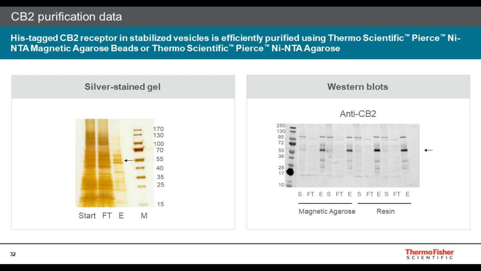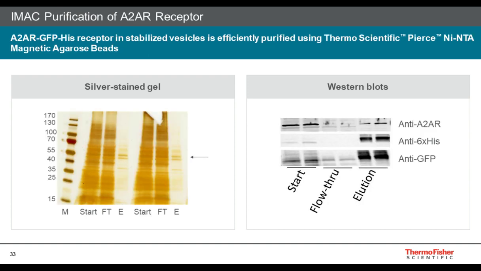The silver stain gel on the left is a bit busier to look at and harder to see the target protein, but it does show that while the Cb2 is present in the elution, another purification step will be required to remove residual contaminants. Either a dual affinity tag will be used in the future or an ion exchange polishing step. Similar results were seen with the adenosine receptor construct.